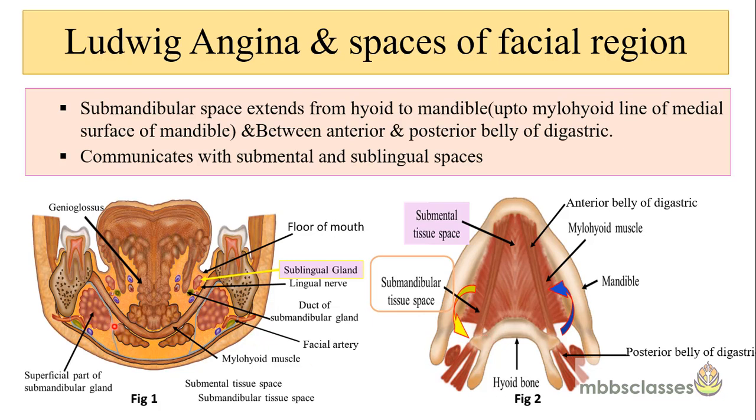So any infection which begins from this area, because Ludwig's angina in the majority of cases is of odontogenic origin, is definitely going to involve the sublingual space, and later on it can also involve the submental space. So this is how the infection from one primary space can involve the other primary spaces.